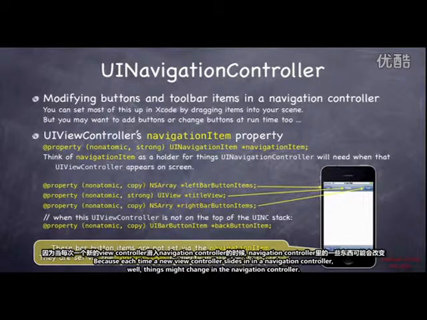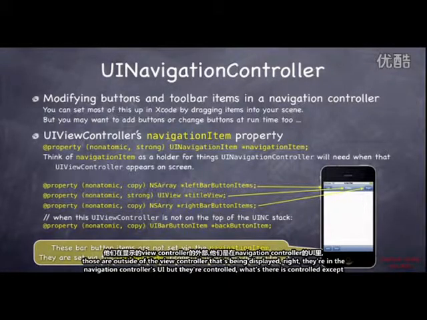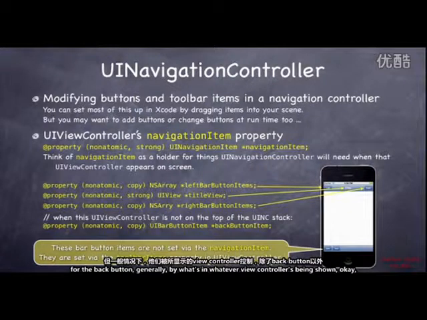Because each time a new view controller slides into a navigation controller, well, things might change in the navigation controller. For example, the left and right buttons. Okay, that's the buttons at the top of the navigation controller. Those are outside of the view controller that's being displayed, right? They're in the navigation controller's UI. But what's there is controlled, except for the back button generally, by whatever view controller is being shown.